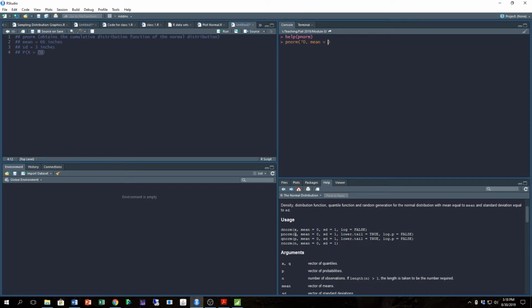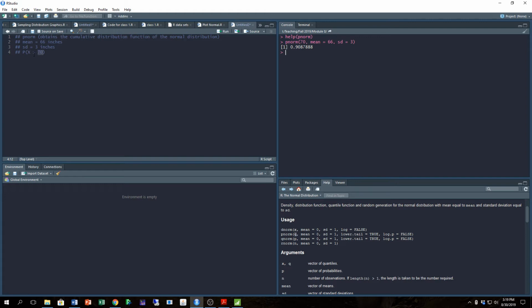The mean is 66, and the standard deviation is 3. That value is 90%, which means that the proportion of observations in this normal distribution less than 70 is just 90%. So 90% of the observations are less than 70.